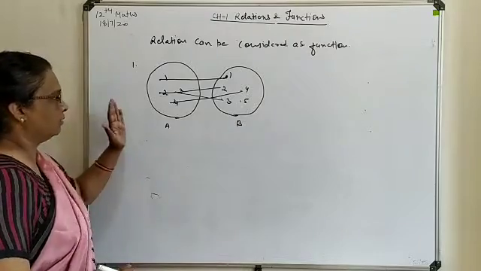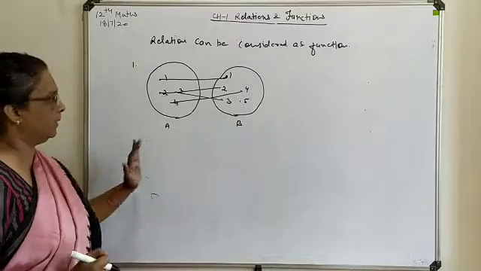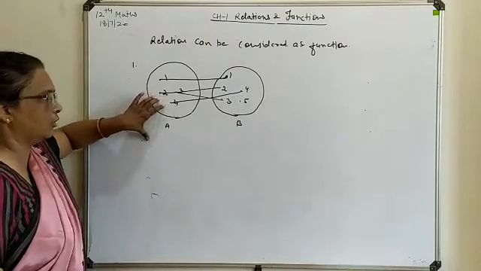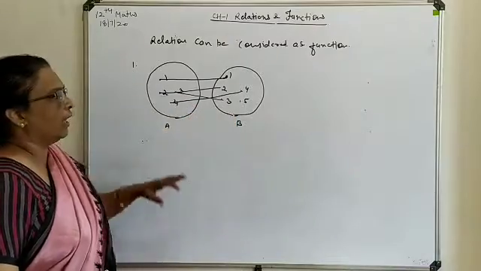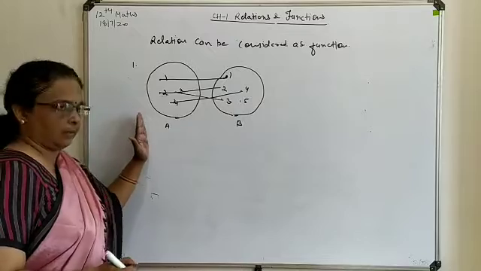Here you can say one relation we have defined from A to B in such a way that each element of set A has its solution in set B. This solution is known as the image of the set A element.